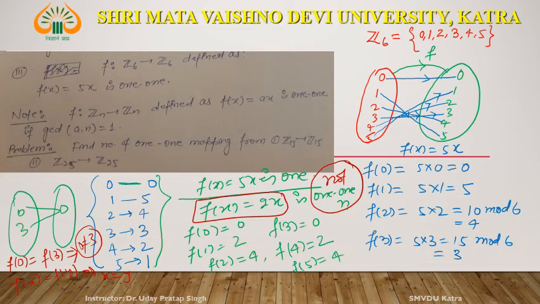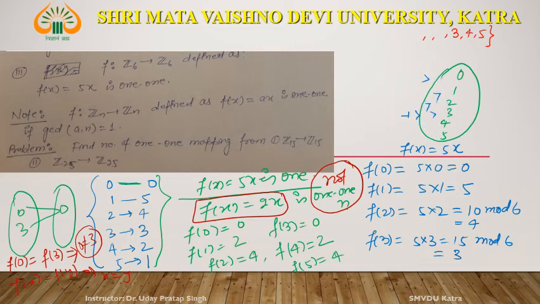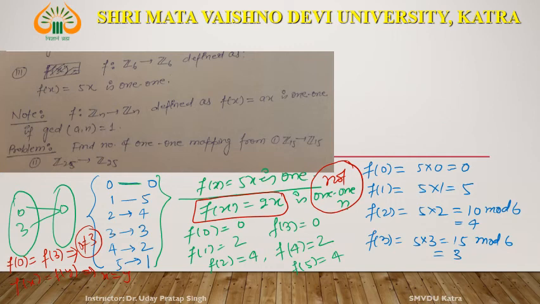Now, let us consider another example. F from Zn to Zn. Is it 1-1 or not? F from Zn to Zn is 1-1, and the function is defined as f of x is equal to ax, and this function is from Zn to Zn.